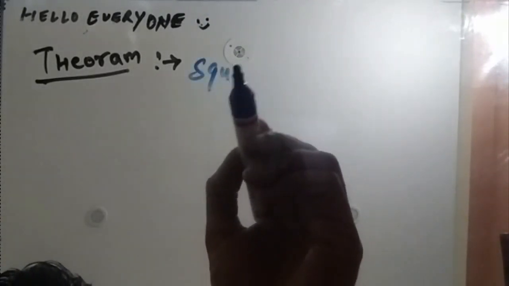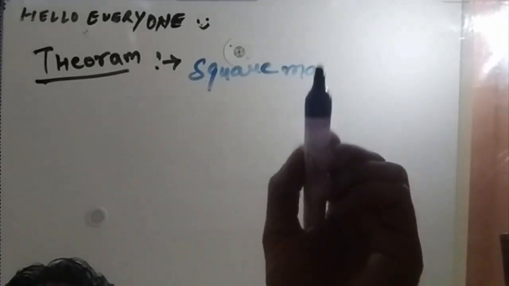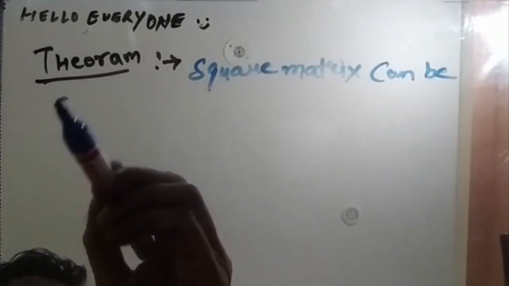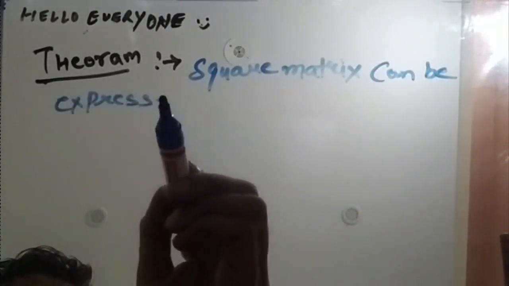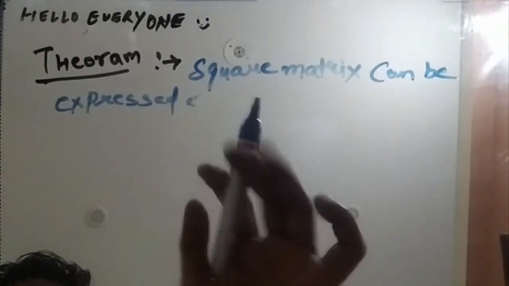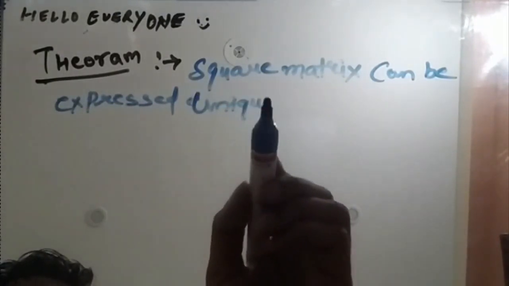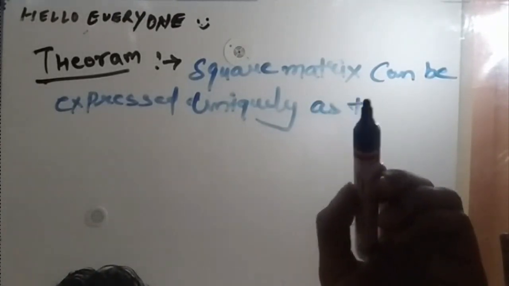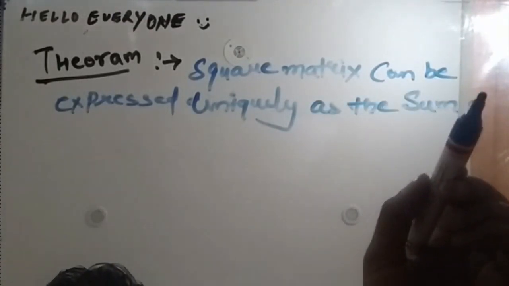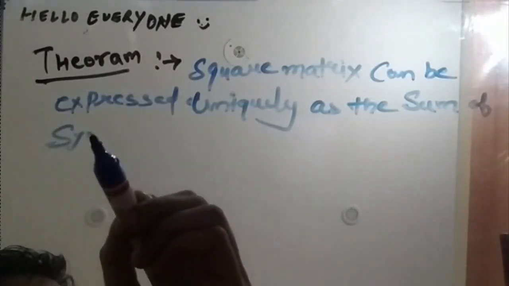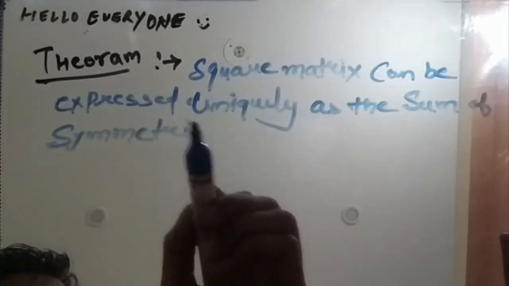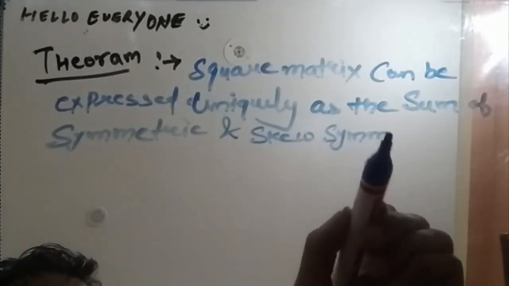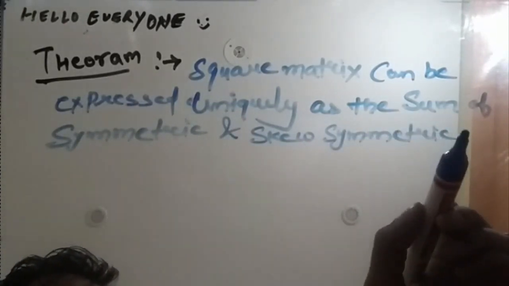So a square matrix can be expressed uniquely as the sum of symmetric and skew-symmetric matrix.